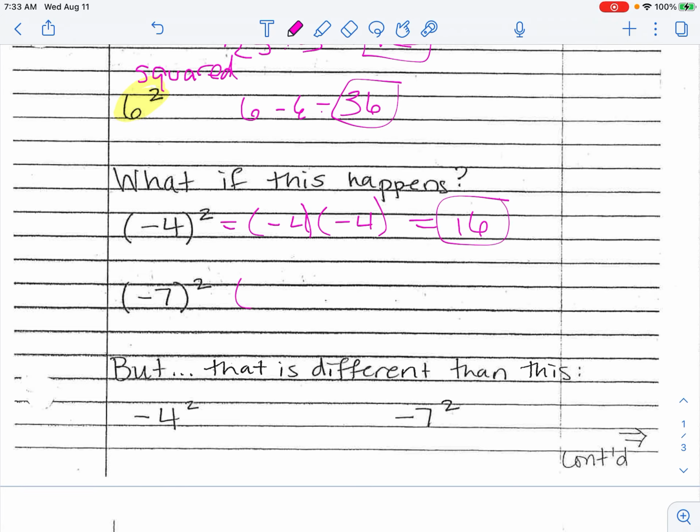-7 squared means -7 times -7. Negative times negative equals positive, and 7 times 7 is 49. So -7 inside parentheses squared is equal to 49. But that is different than this. So take a careful look at this.